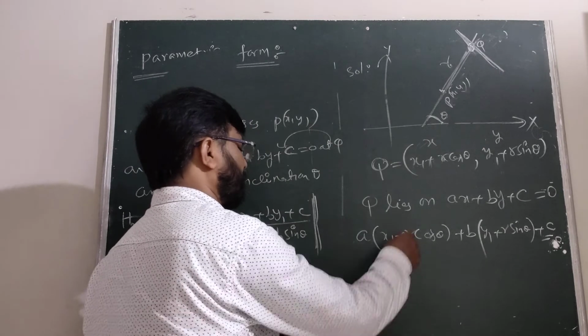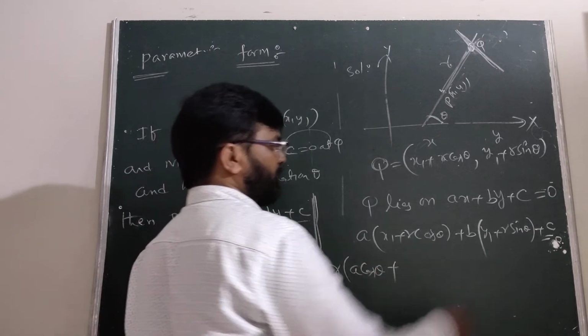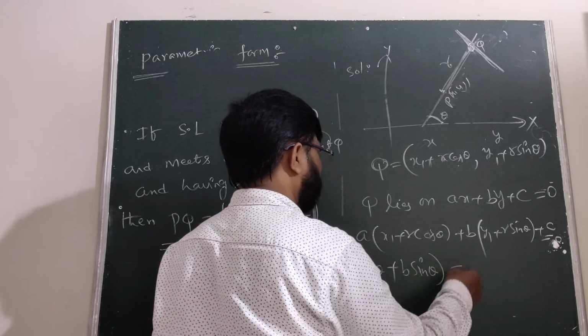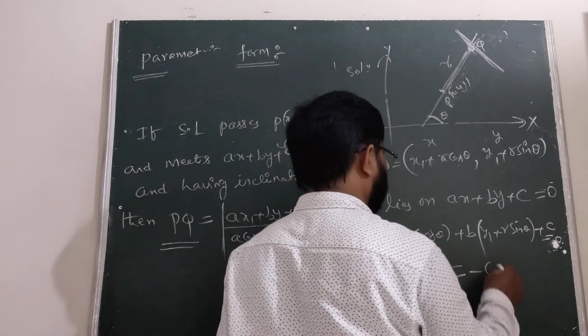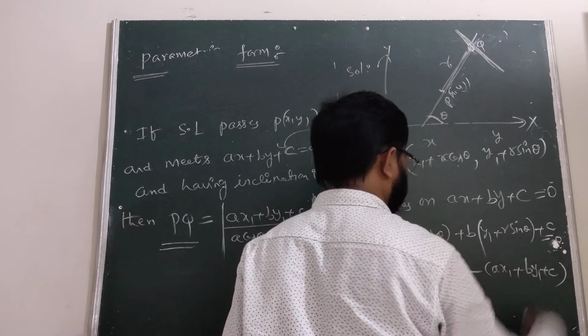Now we take r as common here. This is a cos theta plus b sin theta, times r, then minus of ax1 plus by1 plus c.